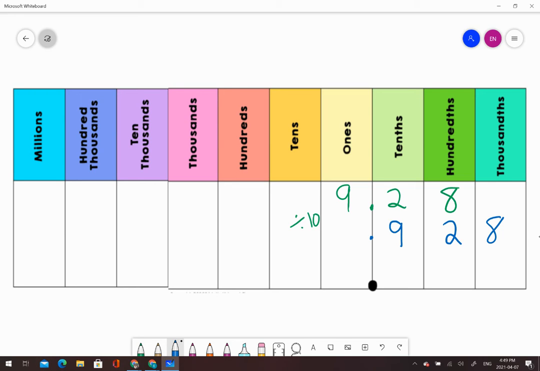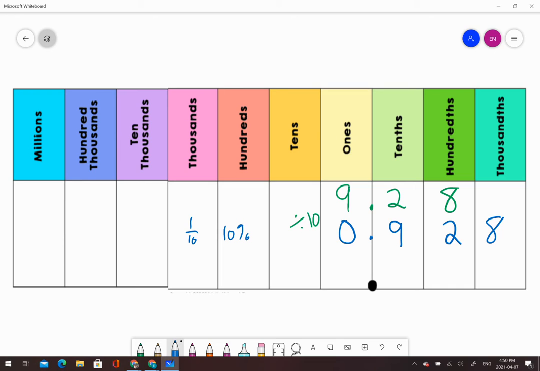But remember, if I don't have a number in front of my decimal, this number is smaller than 1, I'm going to use that placeholder 0. So this number here, 928 thousandths, is showing 1/10 or 10% of my initial cost.